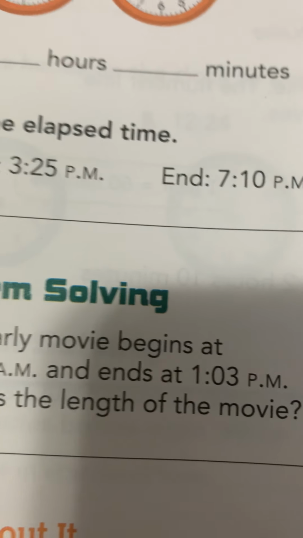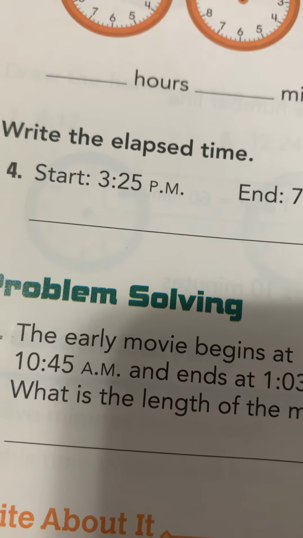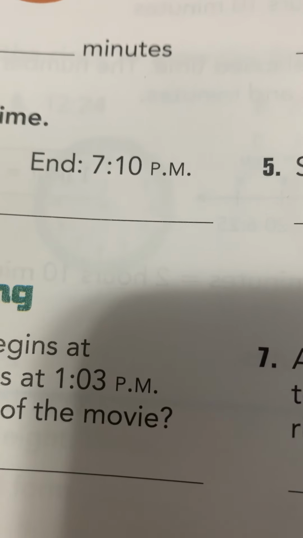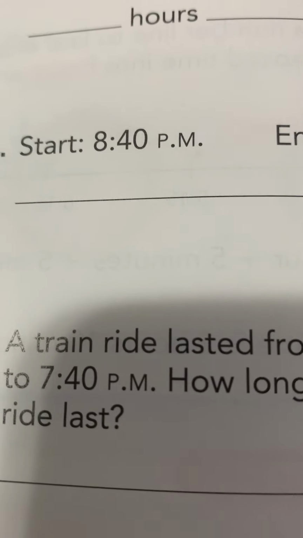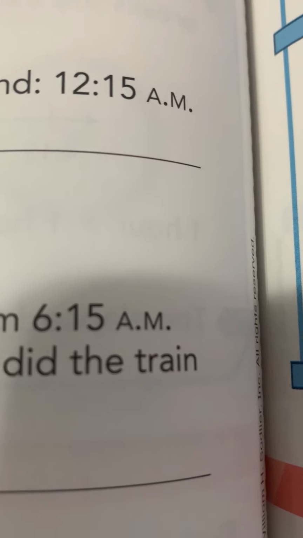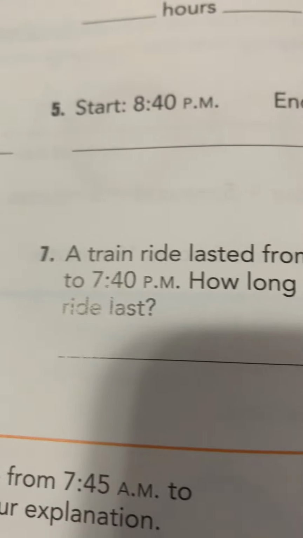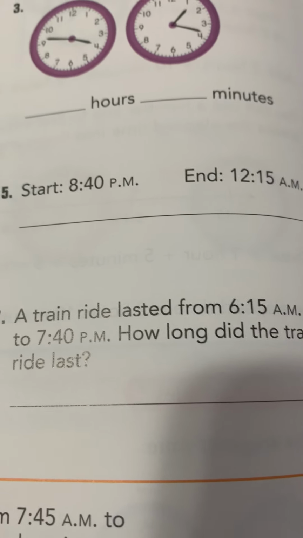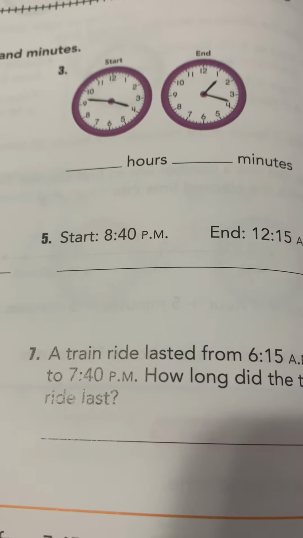They want you to write the elapsed time, but they tell you the start time is 3:25 p.m. and the end time is 7:10 p.m. Here, the start time is 8:40 p.m. and the end time is 12:15 a.m. So they want you to try and figure that out, even if you have to draw a clock. But as I said, I have clocks and I can stop and get them in my classroom and get them to you guys, not a problem.